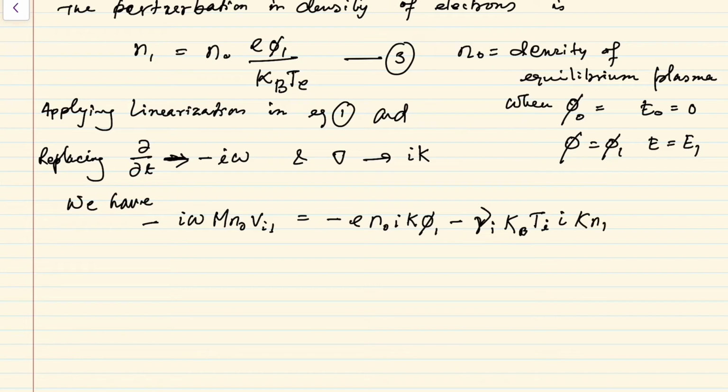You may be confused that initially I had written only v_i in the equation, and now I am writing v_i1. The reason is that when we apply the linearization condition, we replace n by n₀ plus n1, v by v₀ plus v1, and e by e₀ plus e1.